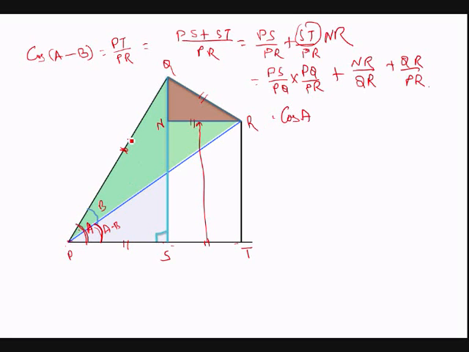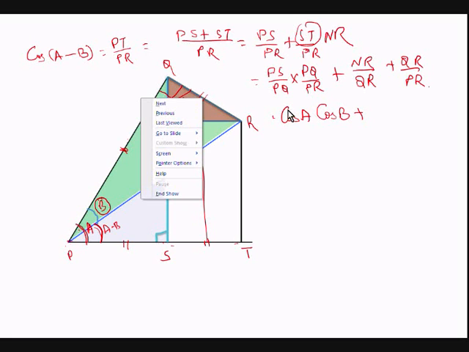PQ and PR. PQ is adjacent to angle B and PR is the hypotenuse of the triangle with angle B. Therefore, adjacent over hypotenuse is cos B, plus NR over RQ. NR is opposite to angle A, as we have already seen, and RQ is the hypotenuse.